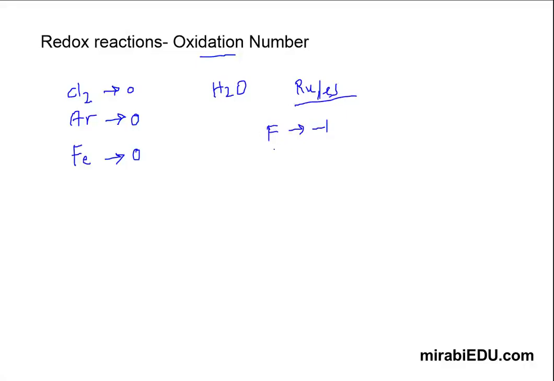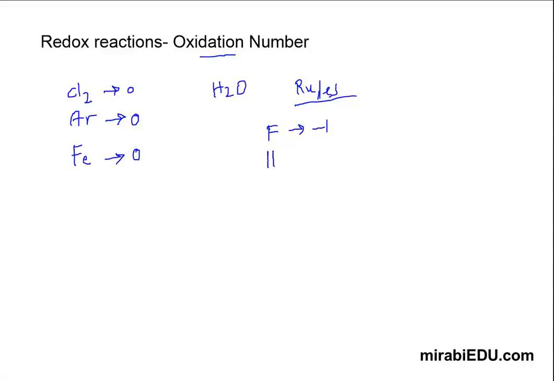Fluorine is in the 17th group, so it has 7 electrons in the outermost shell, so it usually wants to get 1 electron. So in compounds where we have fluorine, oxidation number will be -1.